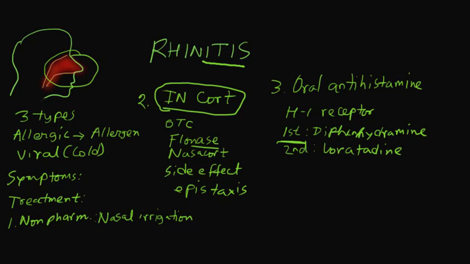So these oral antihistamines are indicated for the itchiness or sneezing of rhinitis and also for allergic reactions, but they have little or no effect on the nasal congestion. Their side effects, as I mentioned earlier, they are more sedative, so their side effects include dizziness, and also these antihistamines have some anticholinergic side effects.